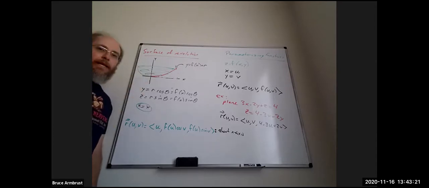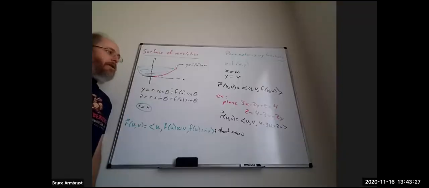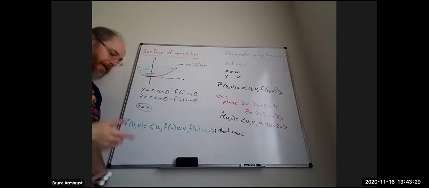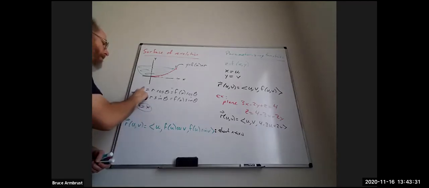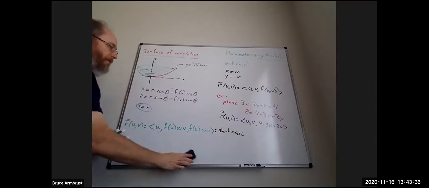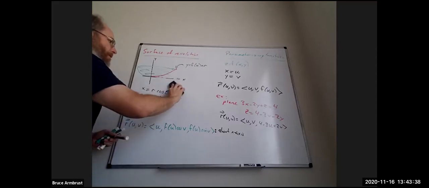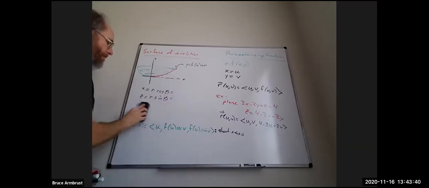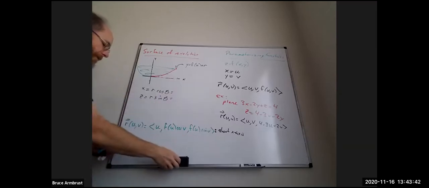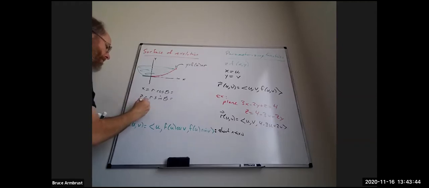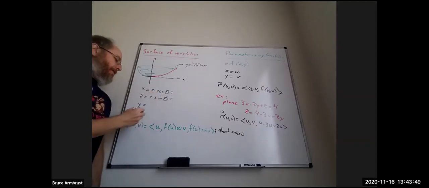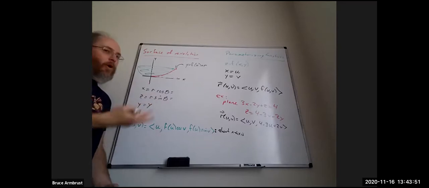The green ones, what plane is that? The ZX plane. Yeah, that's the ZX plane. So that means that our X and our Z are going to be giving us the circle. All right, so I'm just going to change this instead of X, Y, and Z how I had it before. We'll let X and Z be R cosine theta and R sine theta, and then of course Y is just going to be Y.